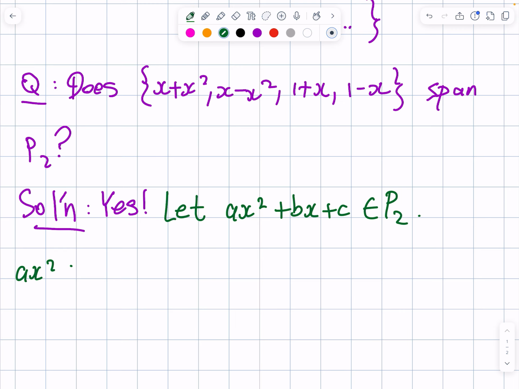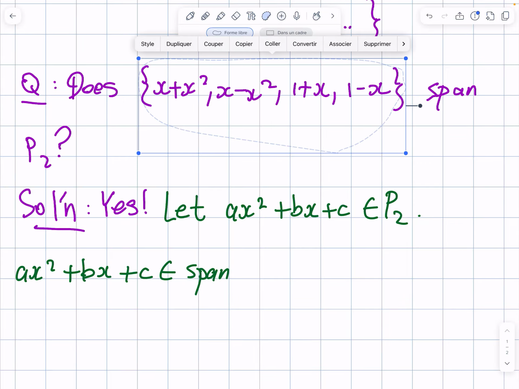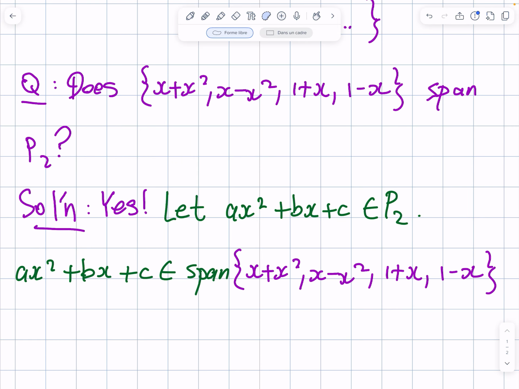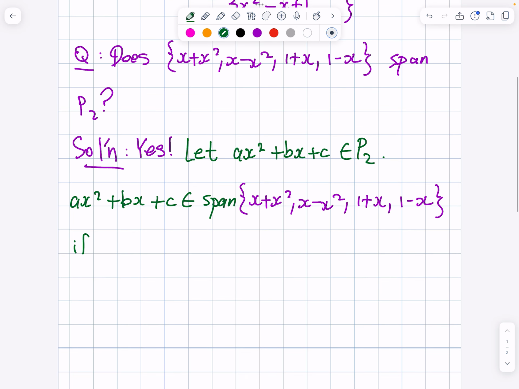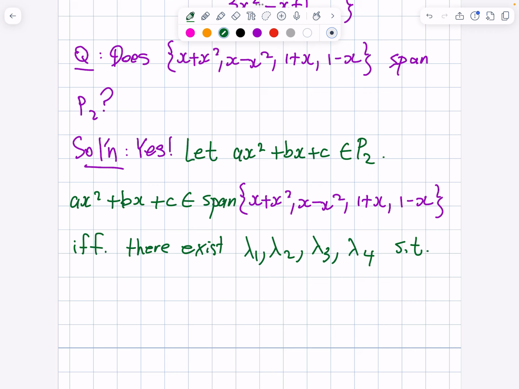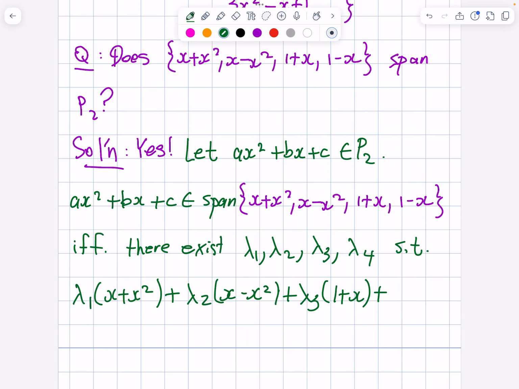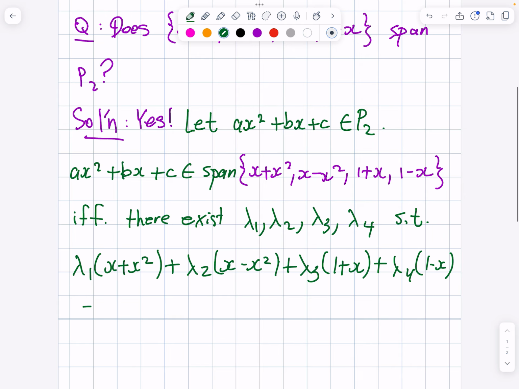Then we know that this element ax squared plus bx plus c is in the span of this set if and only if, this is just the definition, there exist lambda 1, lambda 2, lambda 3, and lambda 4 such that lambda 1 times (x plus x squared) plus lambda 2 times (x minus x squared) plus lambda 3 times (1 plus x) plus lambda 4 times (1 minus x) is equal to our element ax squared plus bx plus c.